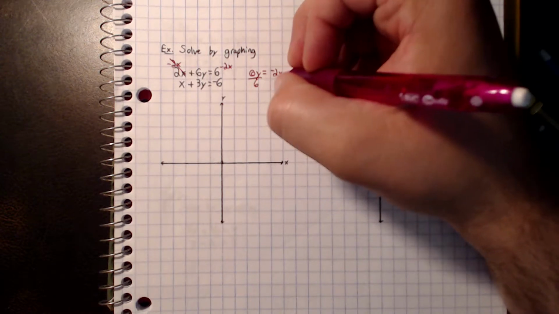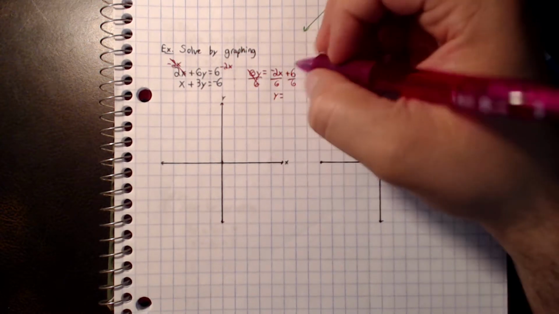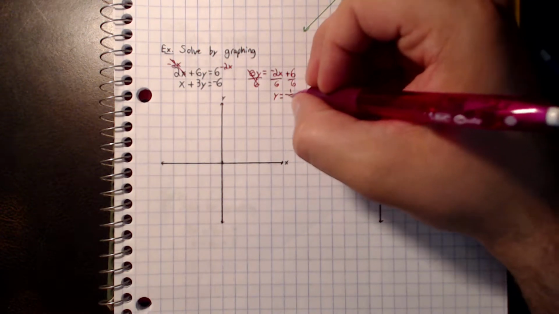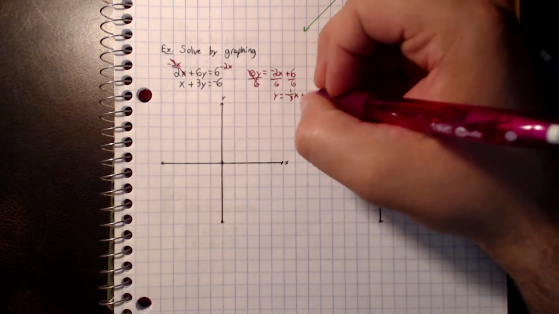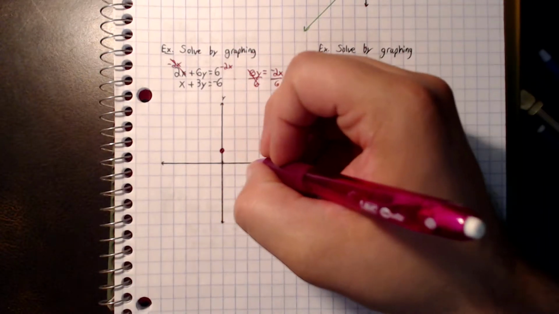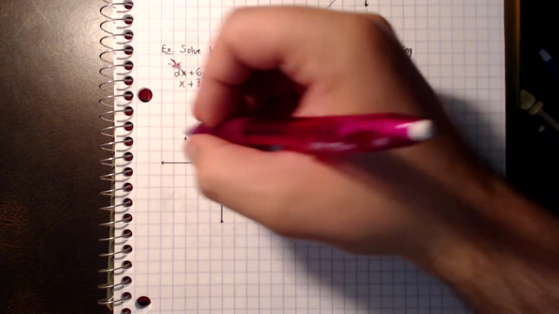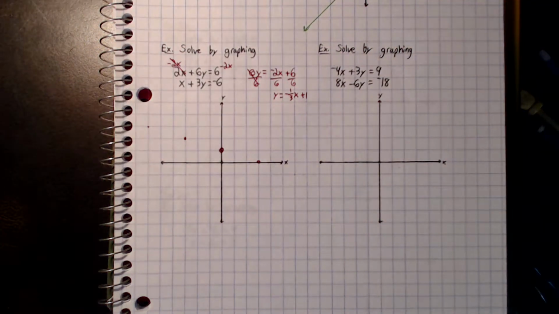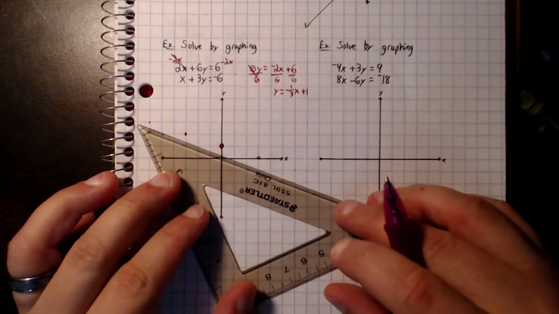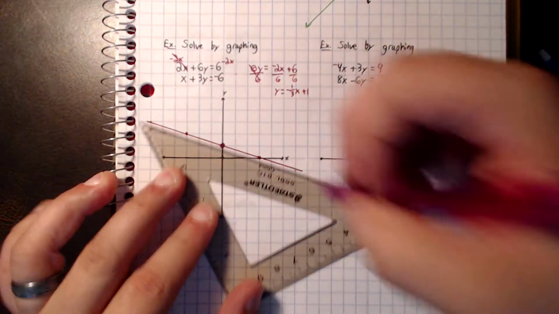Then we'll divide everything by 6. Y equals, let's see, this reduces to -1/3 x plus 1. So we can graph that. Here's our y-intercept. Our slope is -1/3. Just drawing our line right there.